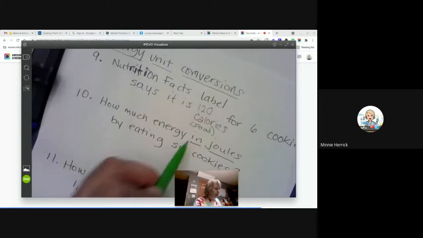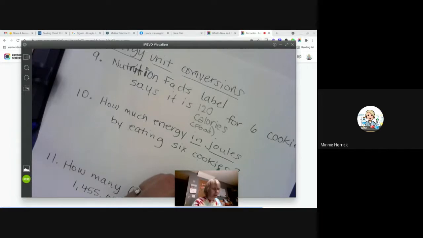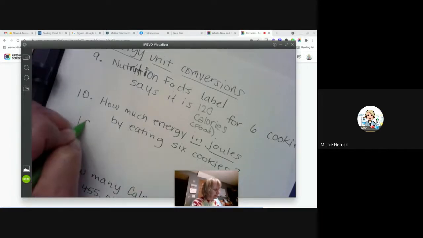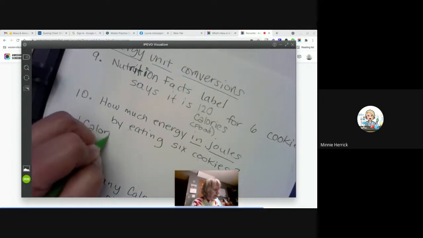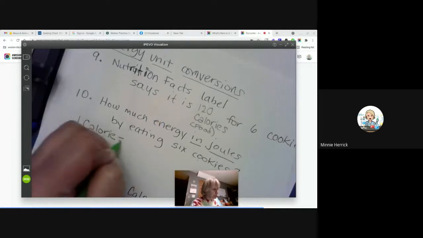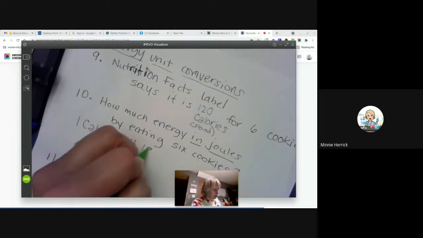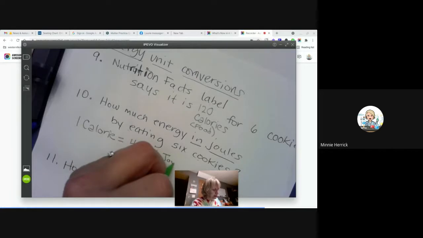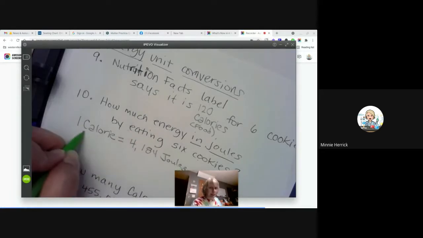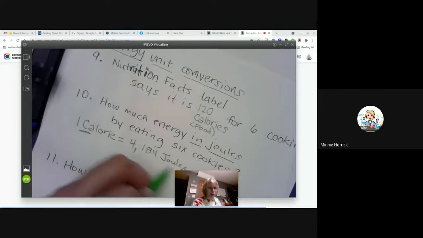How much energy in joules is by eating these 6 cookies? Now remember it says a big C calorie is equal to 4,184 joules, because a big C calorie is thousands of the science ones. So we're going to make this 4,000 joules, okay?